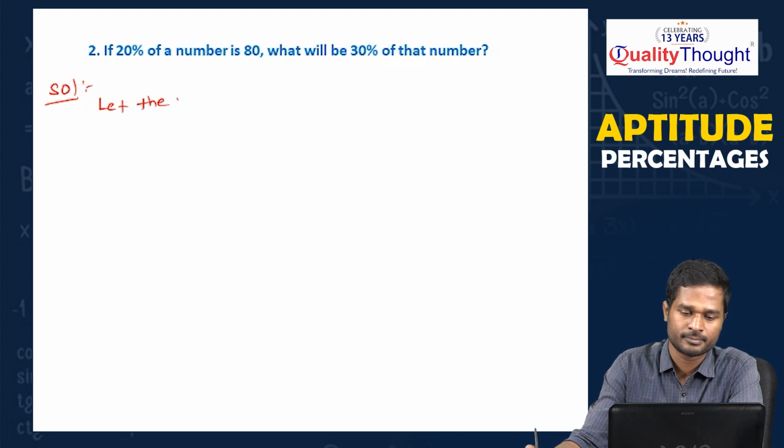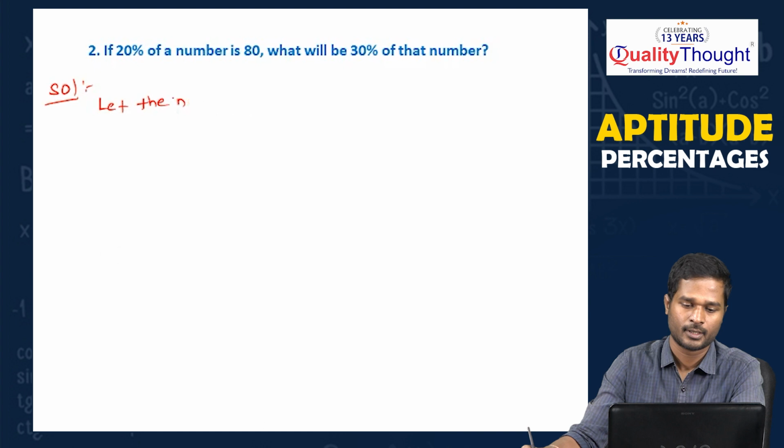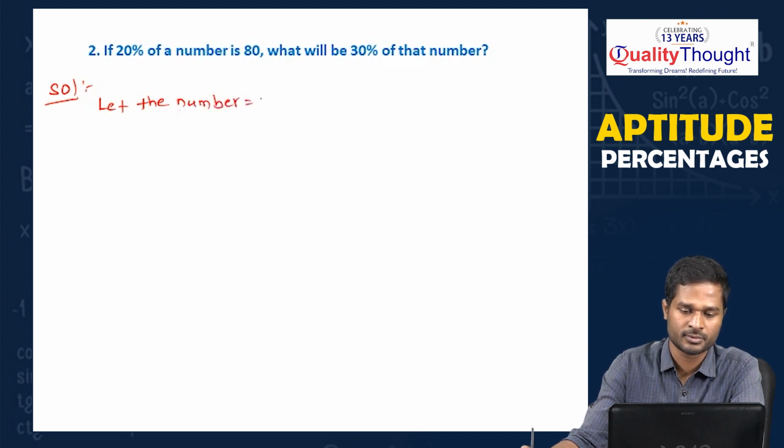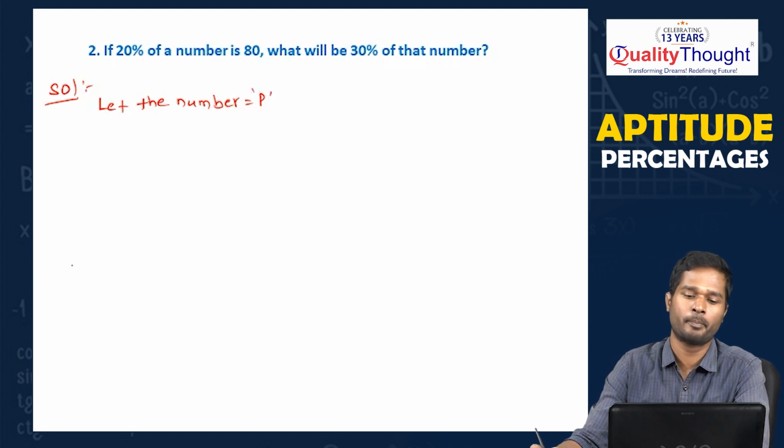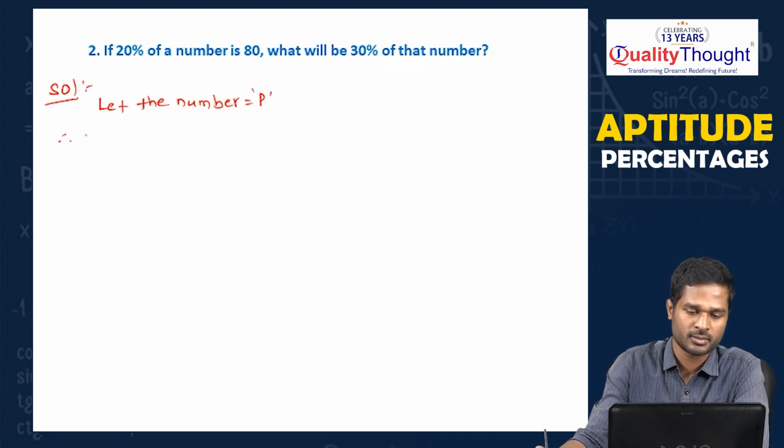Let the number be some variable, p I am taking. So, 20 percentage of this p is 80. Now, try to calculate the p value. So, 20 percent of p is equal to 80.